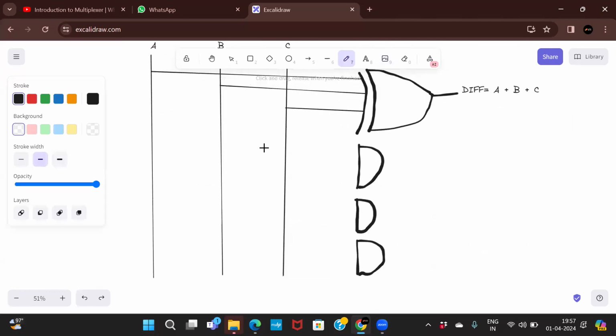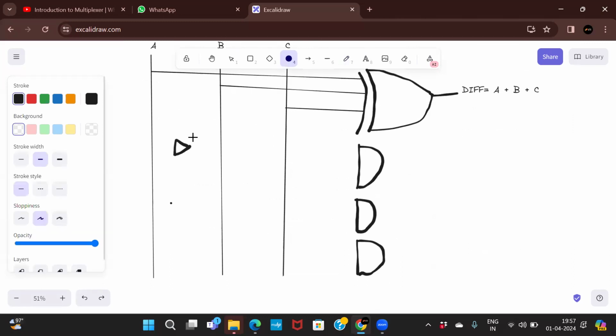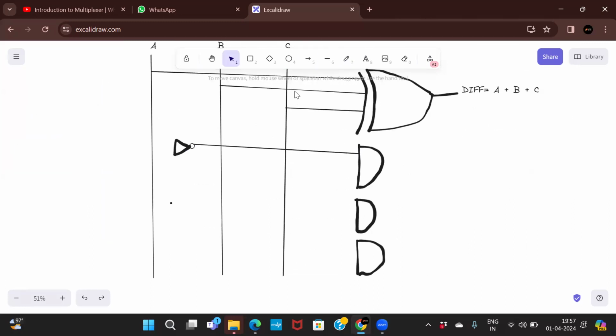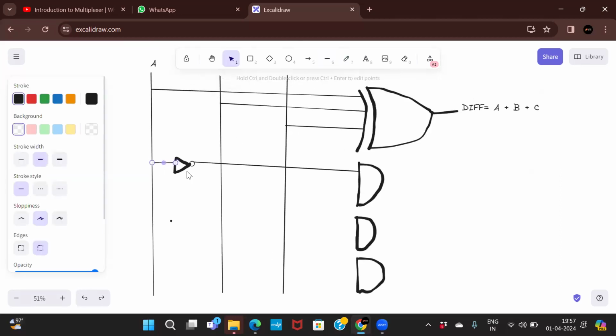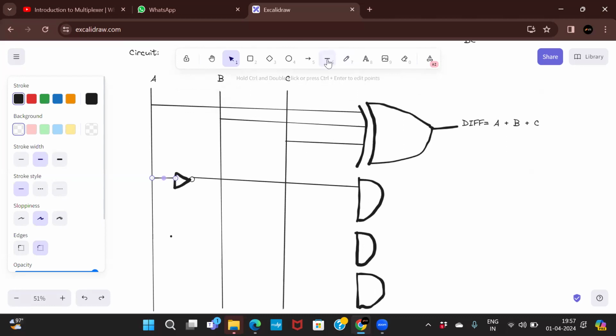Do we require NOT gates? Yes, sir. Considering one NOT gate, how many NOT gates do we require? For A bar and C, this is one. A bar C. I'm connecting this one: A bar and C for the first expression.